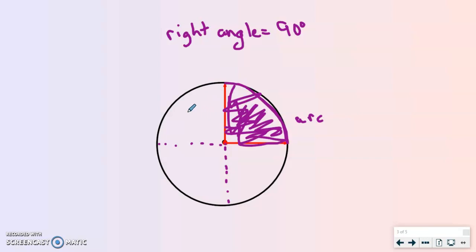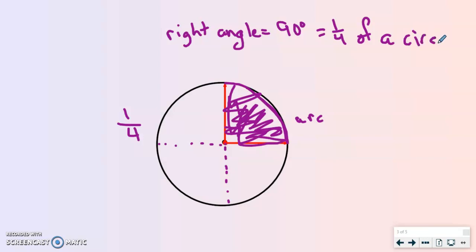If this was a piece, this was a piece, this was a piece, and this was a piece, how much of the circle does my 90 degree angle make up? Right, it is 1/4 of the circle. So we can say that a right angle is equal to 90 degrees, and that is equal to 1/4 of a circle.